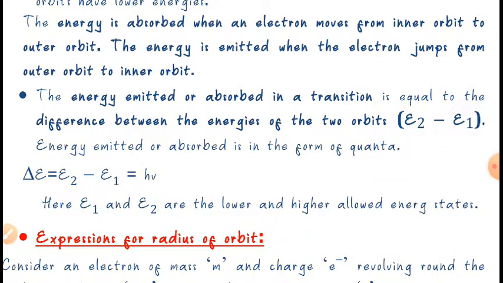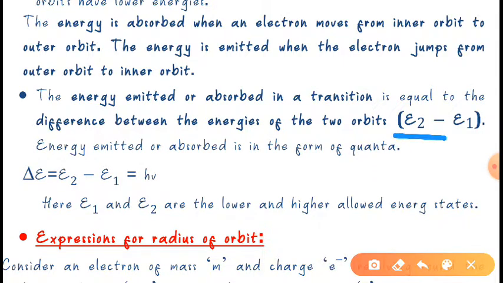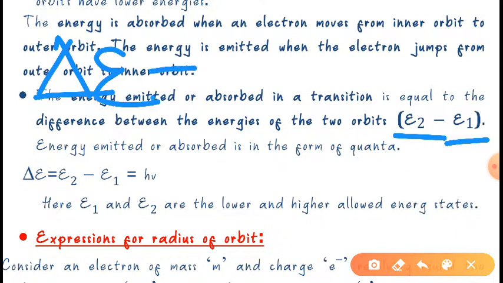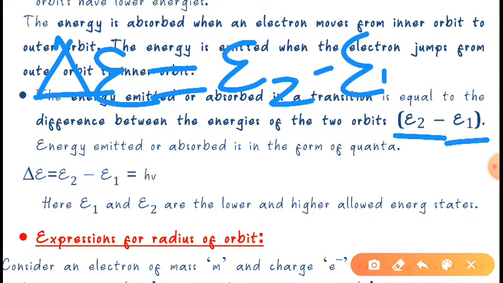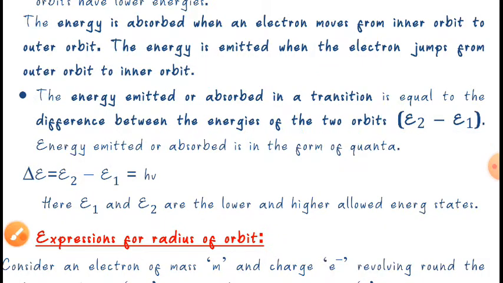Suppose the energy of the second orbit is E2, and the energy of the first orbit is E1. So the overall absorbed or emitted energy, which we take as delta E, will be E2 minus E1, which will be equal to h nu. I hope you have understood this.